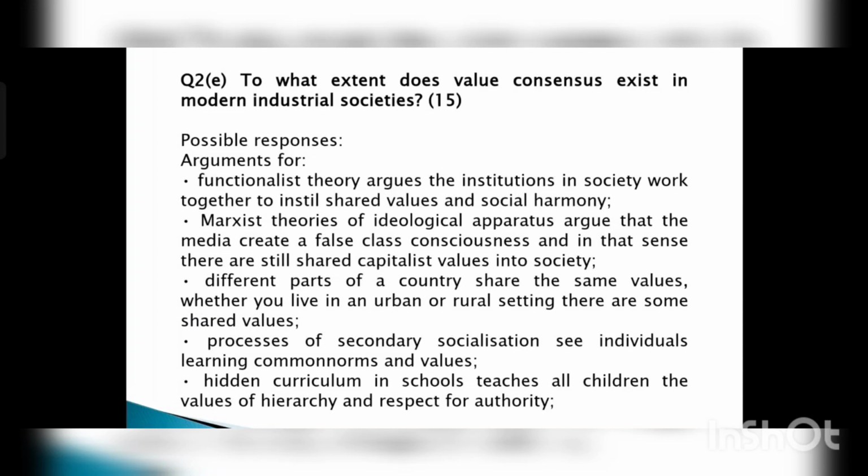All of the parts and all of the institutions of the society are interlinked, and they share the same values, and you can say harmony, and consensus is being achieved, and the whole society is working in a systematic way. There is no inequality.